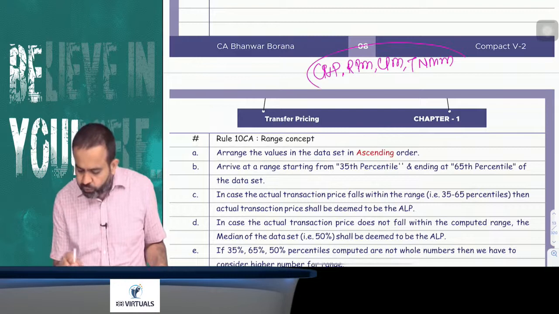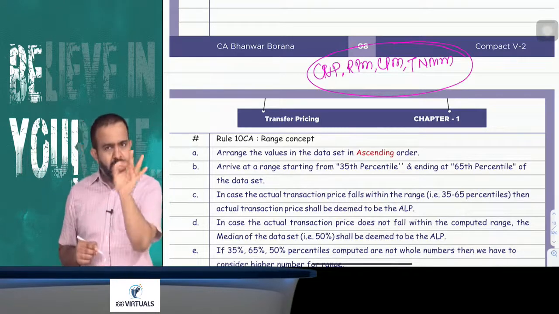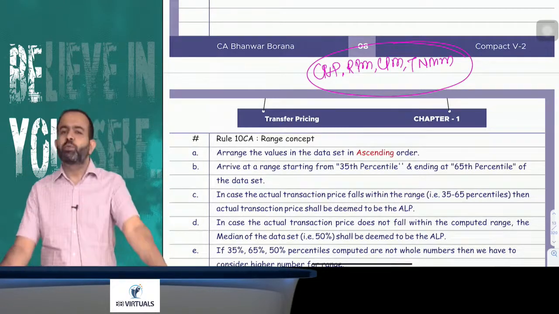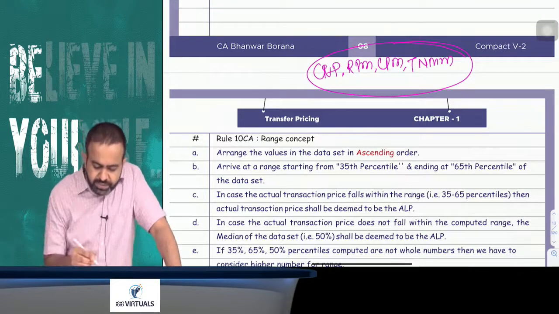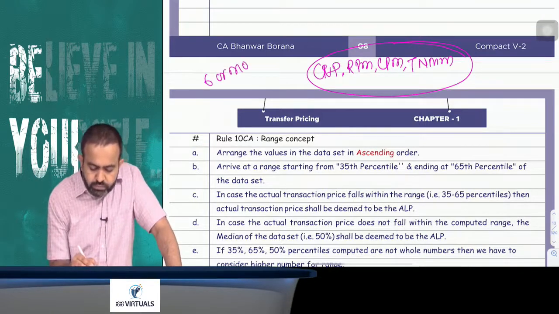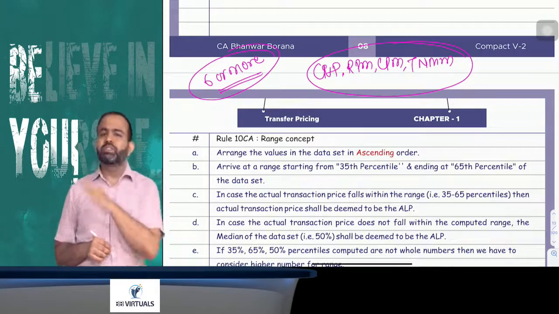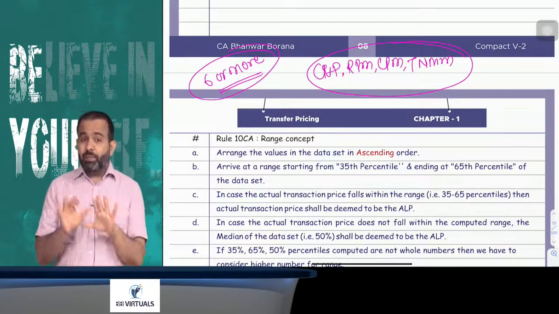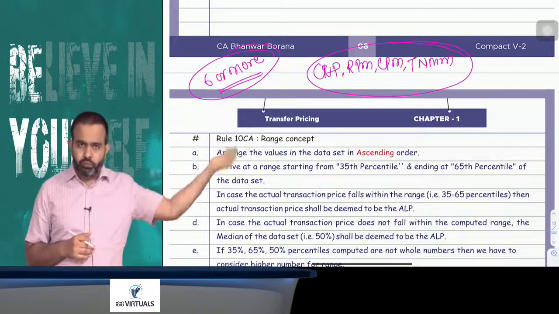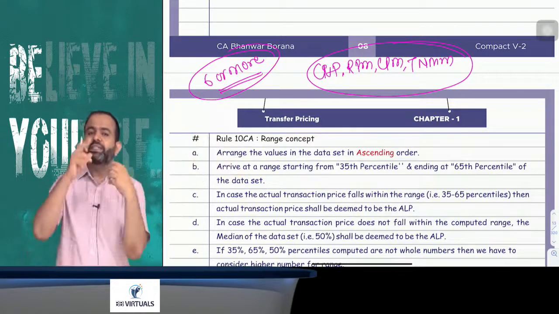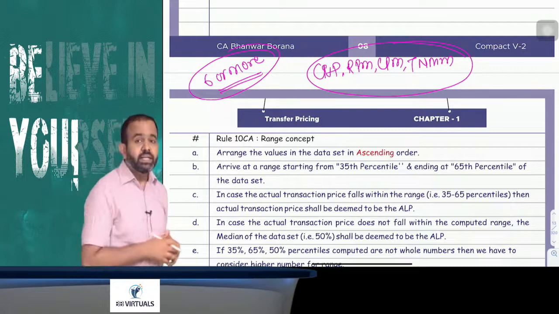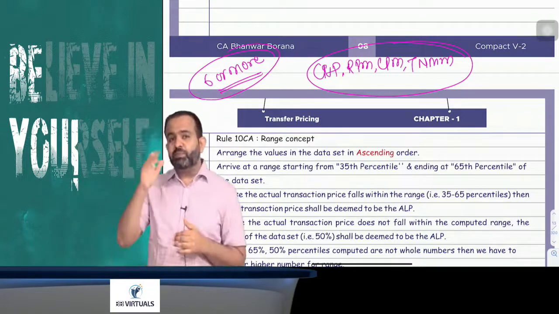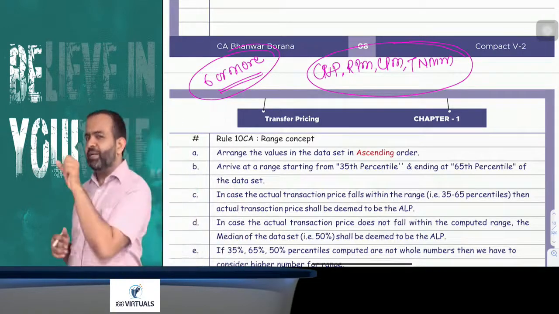In case of these four methods, if the arm's length prices from the most appropriate method are 6 or more, then the range concept is applicable. Means if the arm's length prices are 1, 2, 3, 4, 5, then obviously the concept we already discussed applies: just take the simple average, after that plus minus 3% tolerance band.